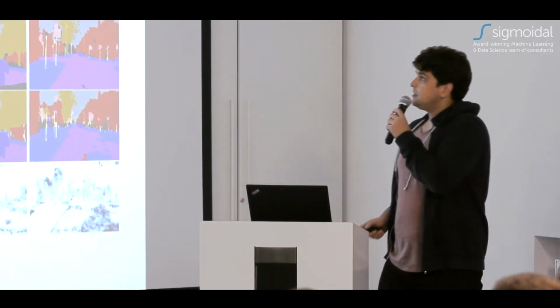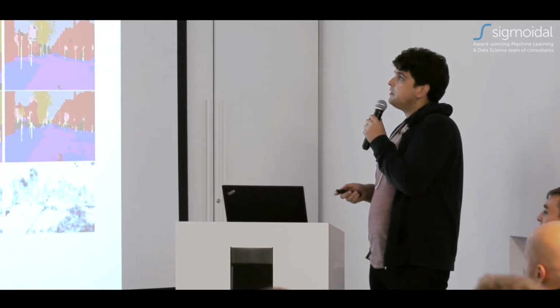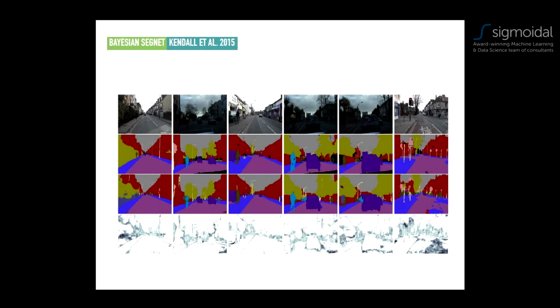A really interesting practical example of how variational dropout could provide you with better results and also with a measure of uncertainty is something called Bayesian SegNet. For those of you who don't know, SegNet is an architecture used for image segmentation.